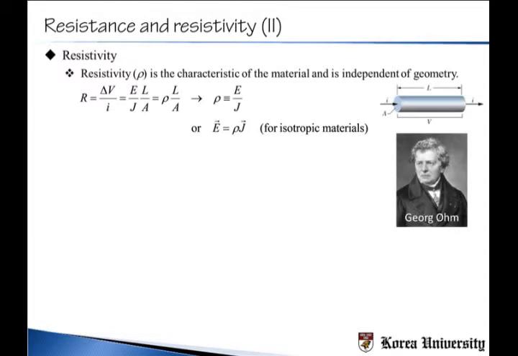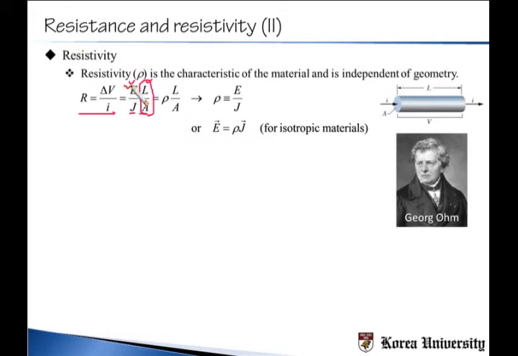Okay, this is how we do it. We first begin with the definition of the resistance, and then realize that the potential difference is equal to the electric field multiplied by the length of this object. And also realize that current is equal to the current density multiplied by the area of this object, right? So the shape or the geometry is given in these two values, length and area.